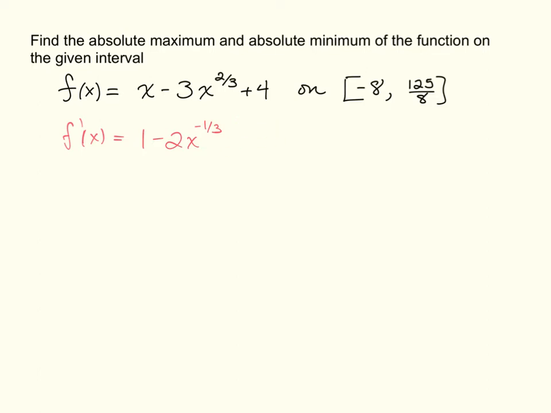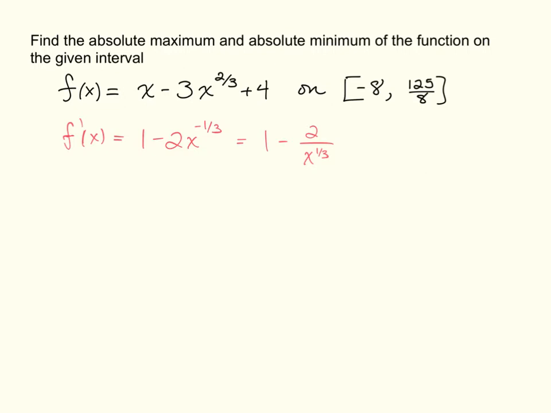And I'm going to rewrite this as 1 minus 2 over x to the 1/3 power. It's important to write it like this so we can find all critical values of this function or derivative. Remember, critical values are all values where the derivative is undefined and where the derivative equals 0.